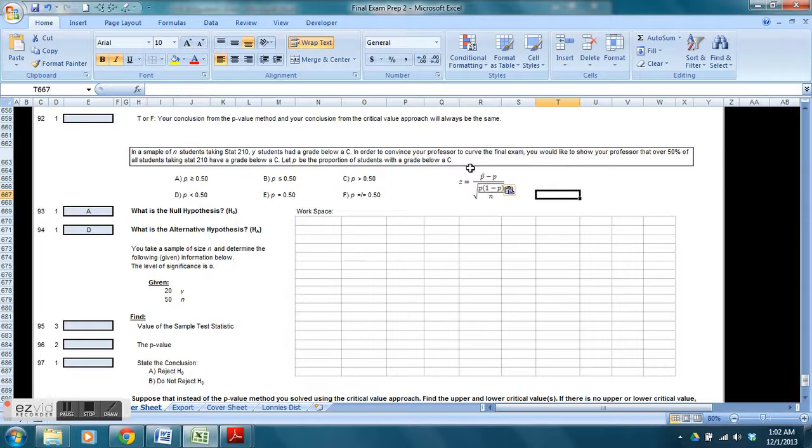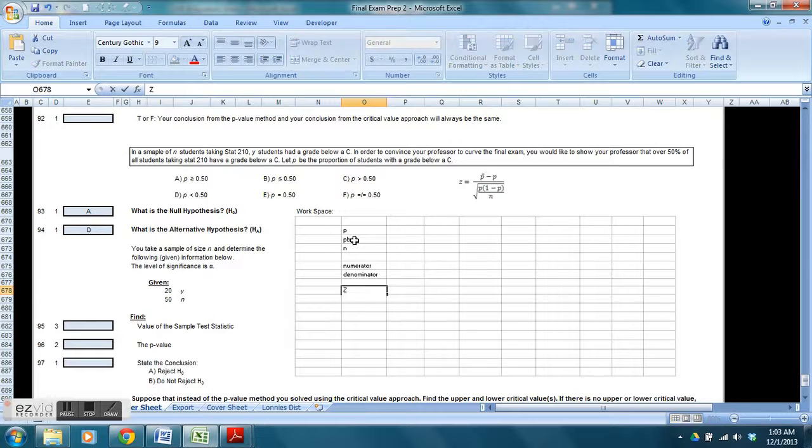In this equation, your P bar is the proportion in your sample, whereas the regular P is your proportion from the null hypothesis. So we have P, we have P bar, and we have N, and we can come up with a numerator and a denominator.